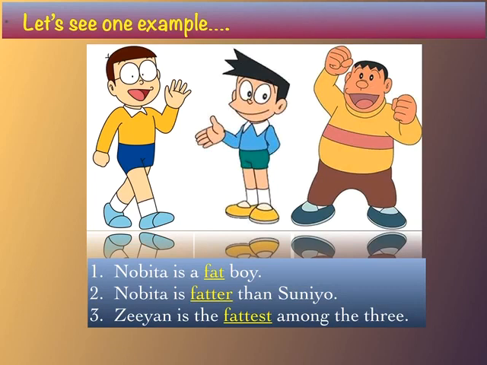Gian is the fattest among the three. So here the word fattest is used to compare all three of them, in which Gian is the fattest one. So the word fattest is said to be the superlative degree of adjective. And students, you can notice that here also we have used the before the superlative degree of adjective fattest.